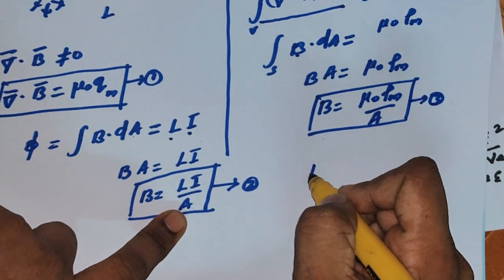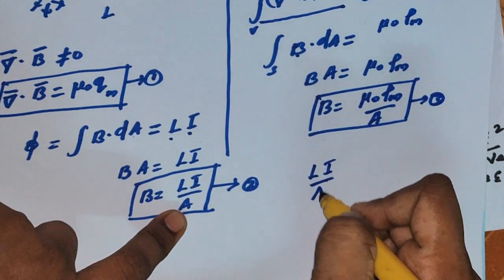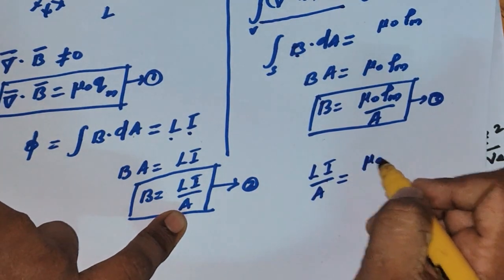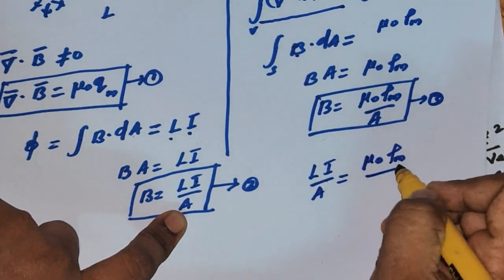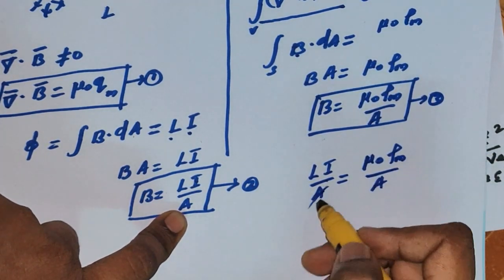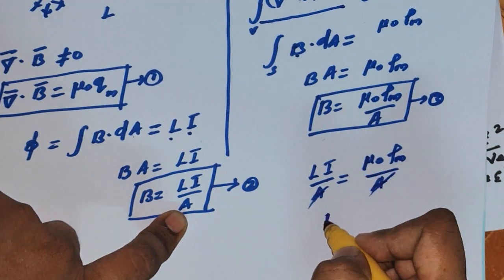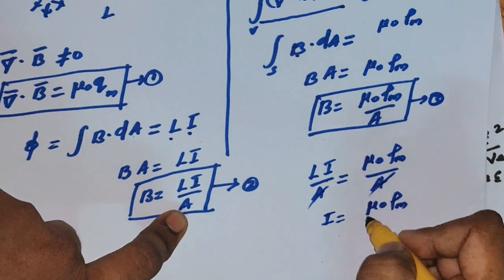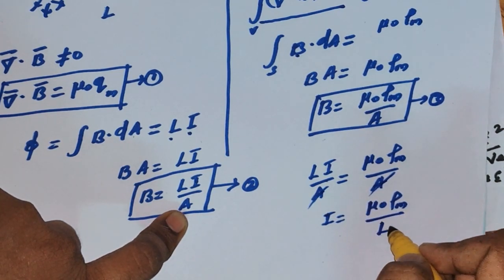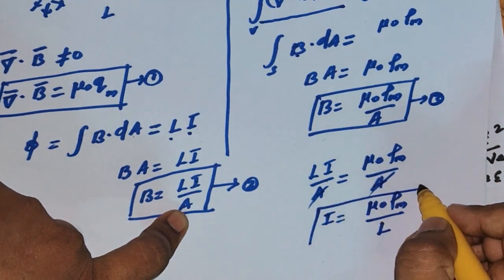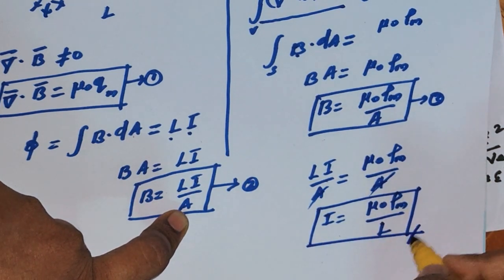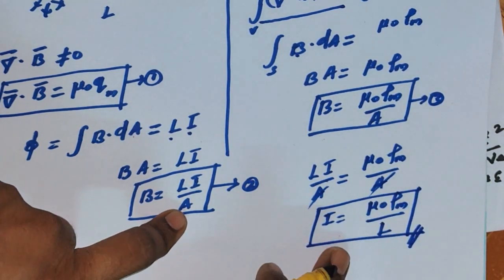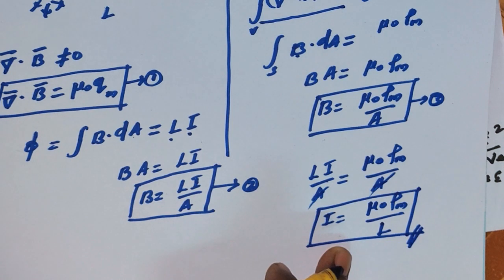So L times I divided by A equals mu naught rho m divided by A. Cancelling A, the current equals mu naught rho m divided by the self-inductance L. This much current is produced in the inductor due to the magnetic monopole's charge.